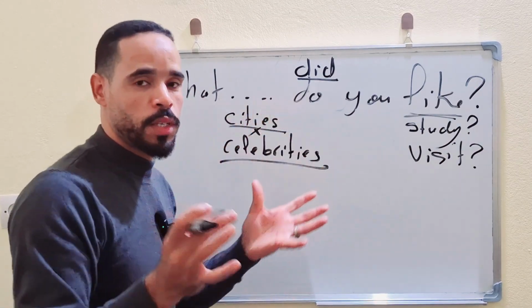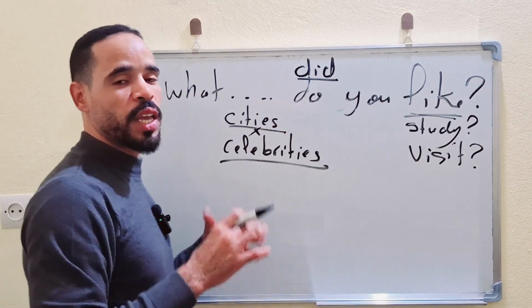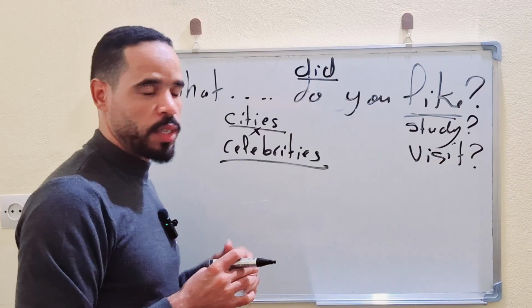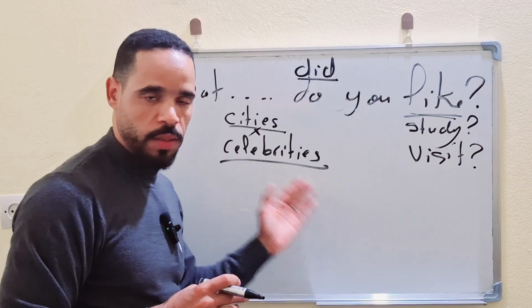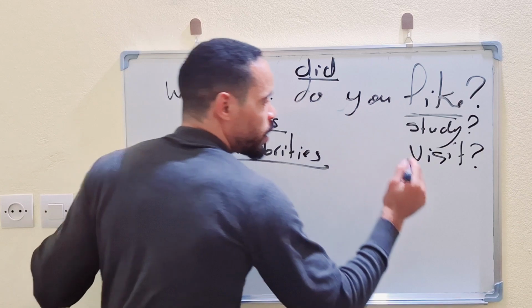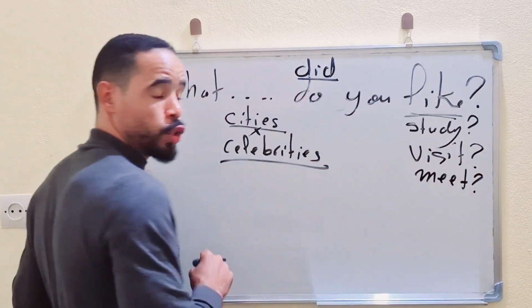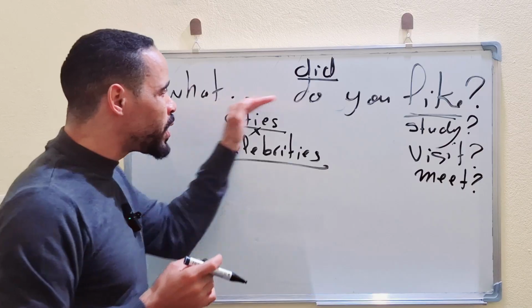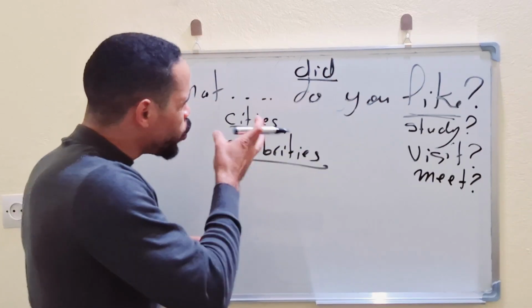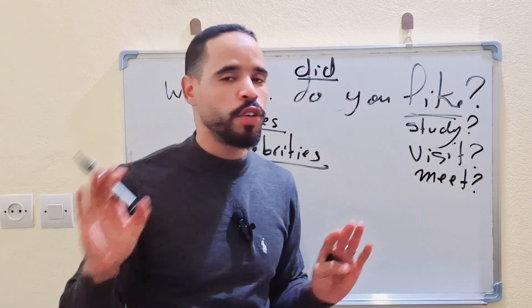He is a famous person or football player. Almost everybody knows him. This is what we mean by celebrities. This is plural. What celebrities did you meet? You see, I keep the same structure, but I'm doing just subtle changes at the level of vocabulary.